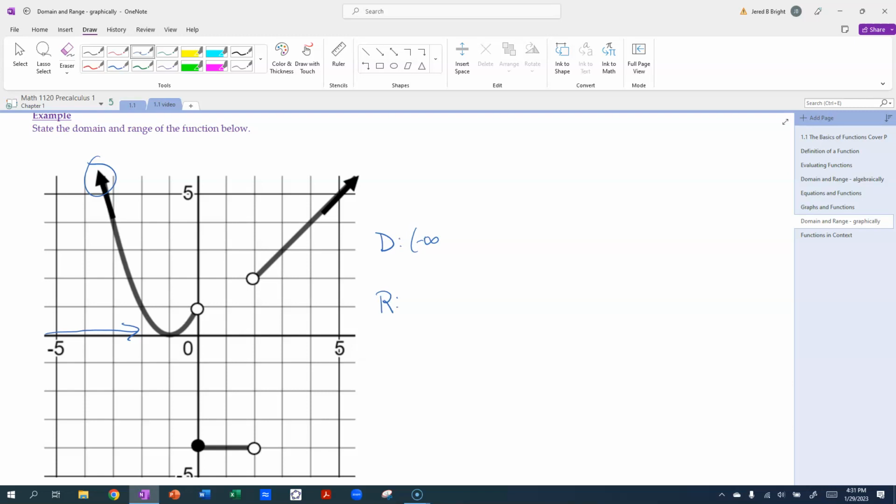So from negative infinity, I get to 0 and I encounter an open dot. But if I look a little bit further down, I notice that there's a closed dot. A closed dot supersedes an open dot, and a closed dot means we have the value.